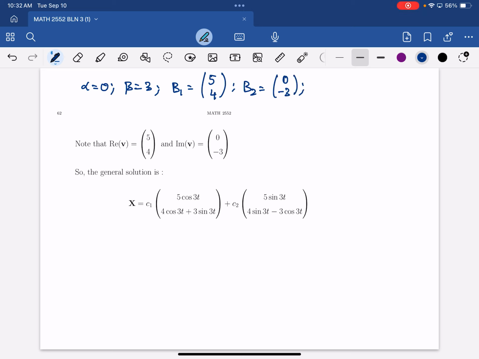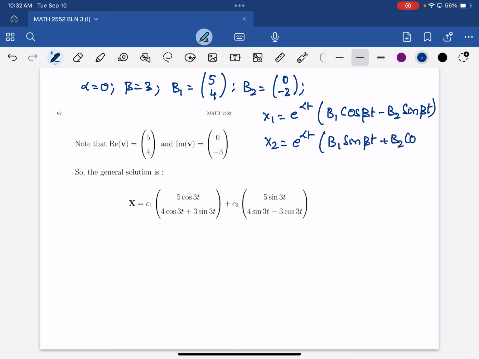So I'm going to use my formulas: x1 is e to the alpha t times (B1 cosine beta t minus B2 sine beta t), and x2 is e to the alpha t times (B1 sine beta t plus B2 cosine beta t).